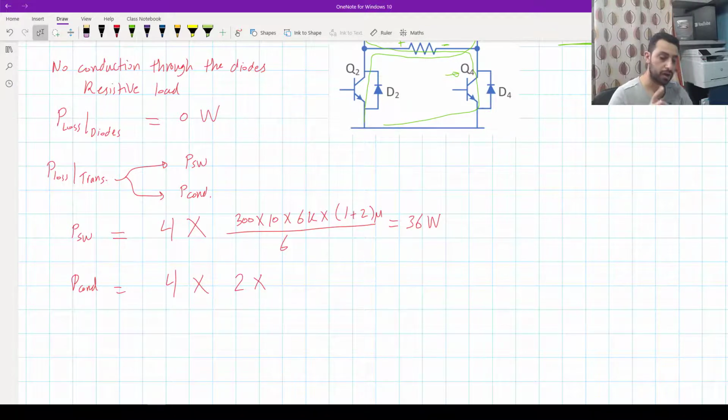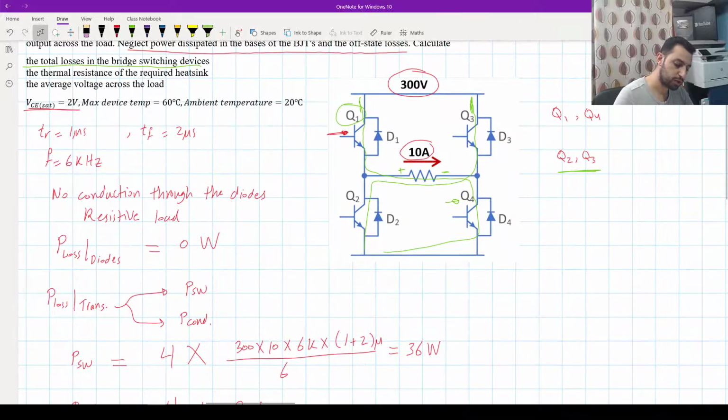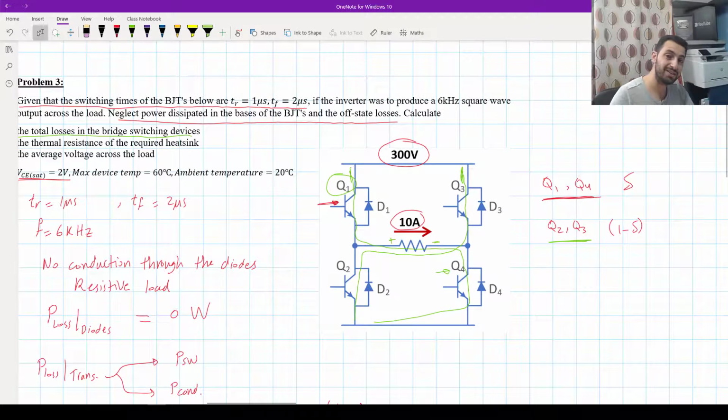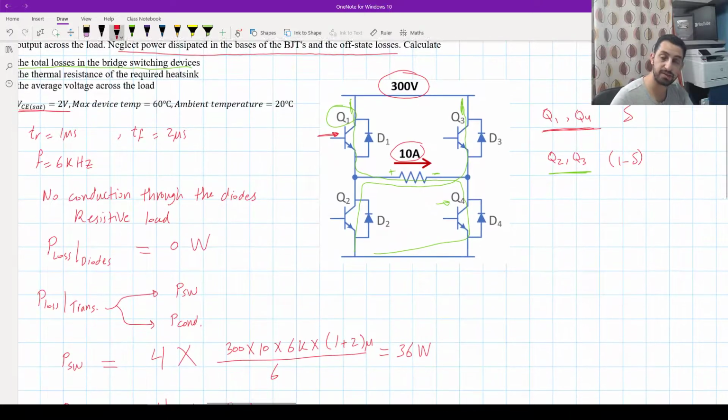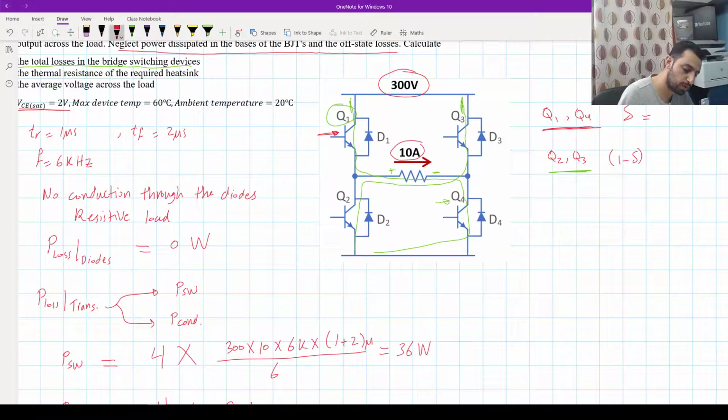Remember, Q1 and Q4 will be switching on according to the duty cycle, which is delta, and Q2 and Q3 will be switching on the complement of the duty cycle, which is 1 minus delta. But now there is no delta mentioned in the question. It says here square wave. That means delta and 1 minus delta will be 50%. So this one will be 0.5 and this one will be 0.5.